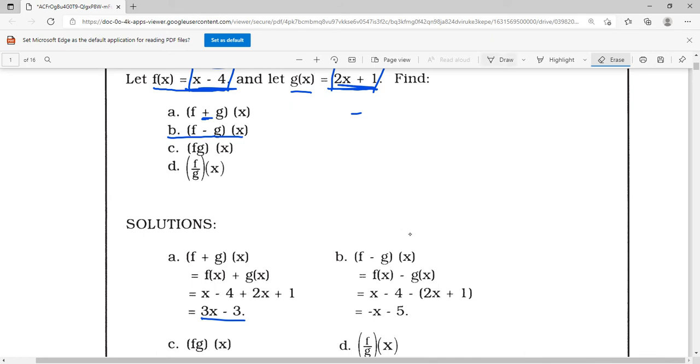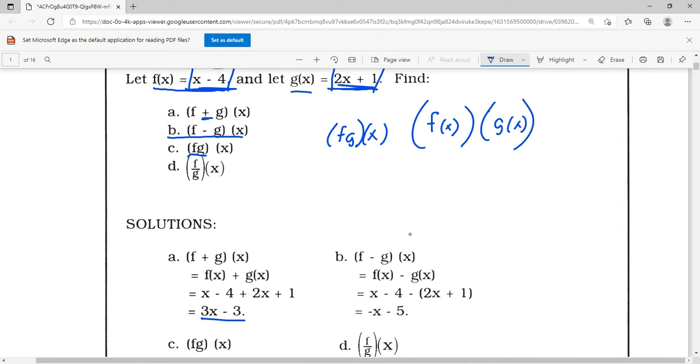So for C, we have to multiply the two functions. So f times g of x, and if we distribute that, we would end up with f of x times g of x. Our f of x is x minus 4, and we're multiplying that times our g of x, which is 2x plus 1.